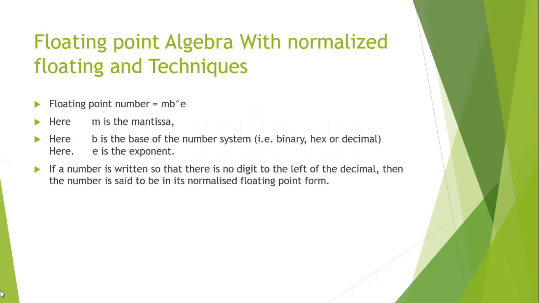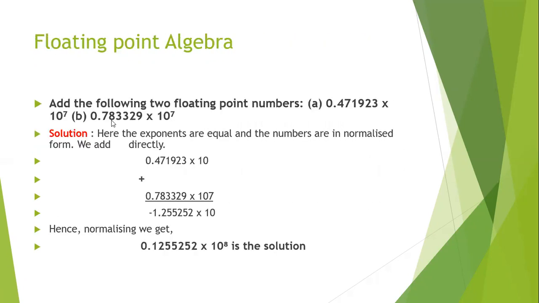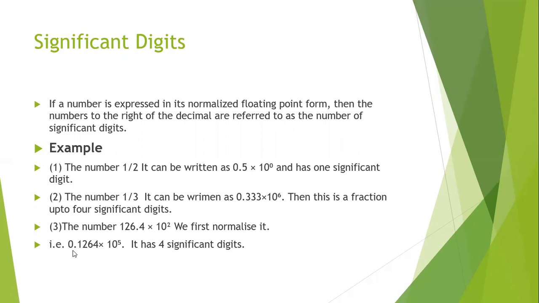After normalization, it is 0.1264 into 10 raised to 5, having 1, 2, 3, 4, that is 4 significant digits. In the next lecture, we will see the algebra of normalized floating point numbers. So we stop here.